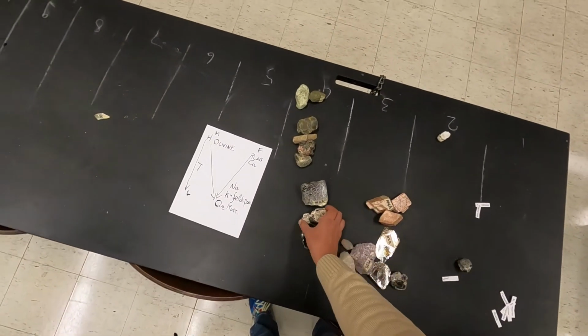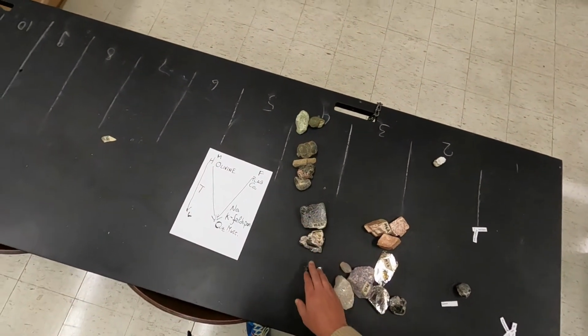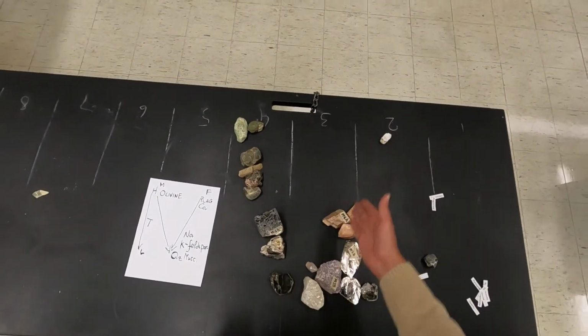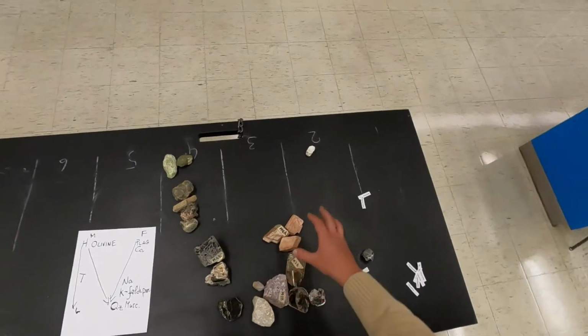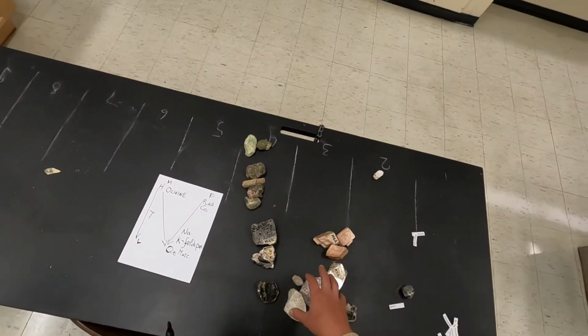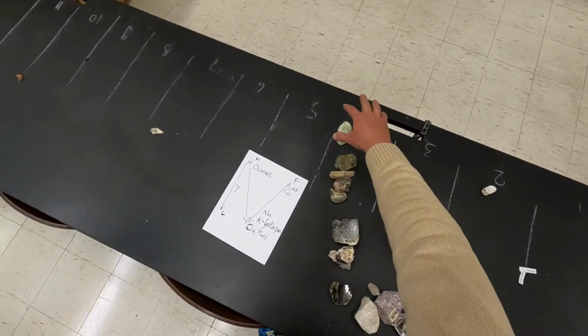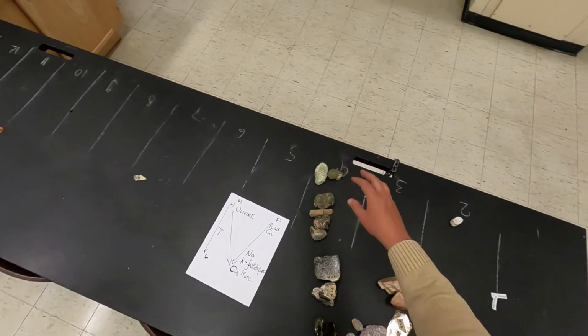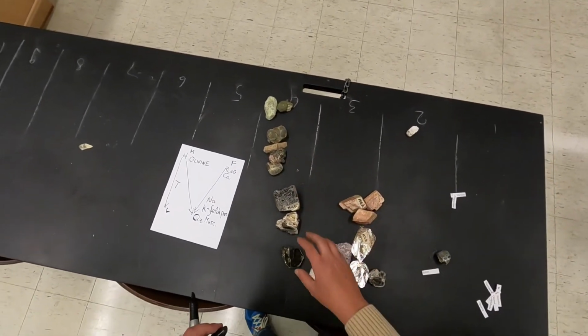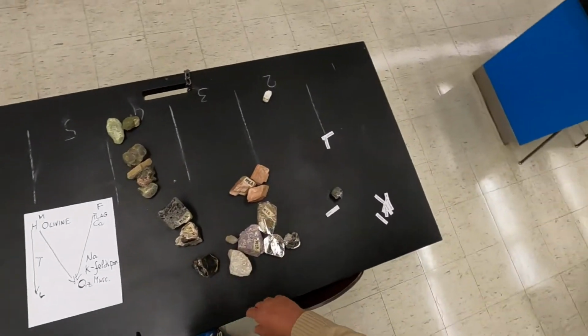So amphibole, and then at the bottom we have the biotite. So you see this V-shaped diagram: plagioclase, K-feldspar, quartz, muscovite, and on this side olivine, pyroxene, amphibole, and biotite.